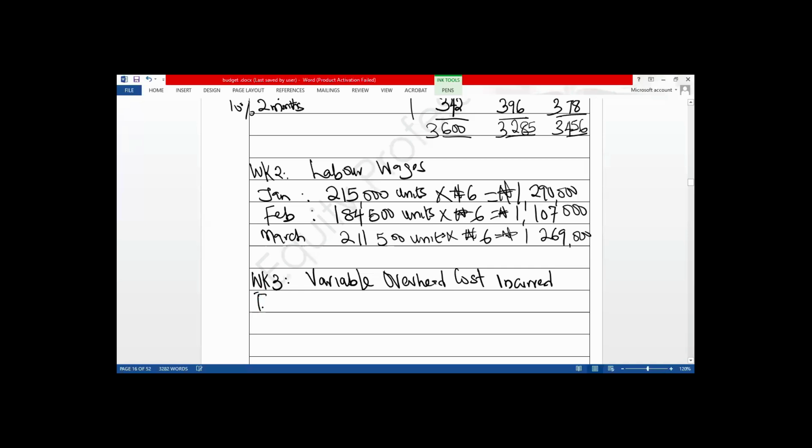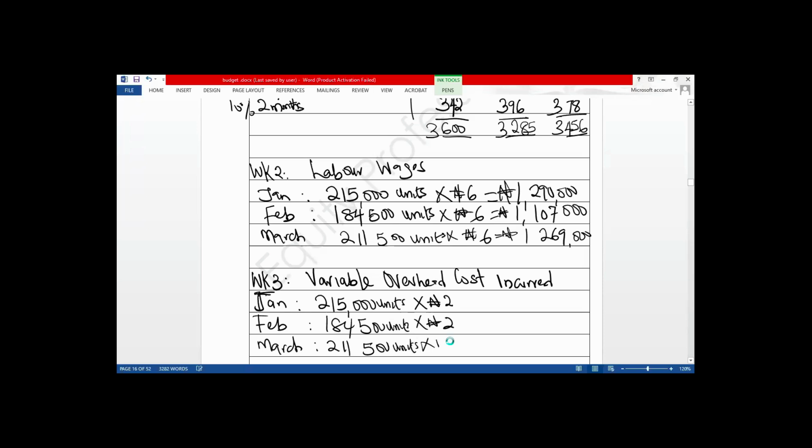Look at the incurred. In January, we are going to produce 215,000 units. Variable overhead cost per unit is ₦2. We are going to produce 184,500 units in February. The variable overhead cost per unit is ₦2. In March, we are going to produce 211,500 units.